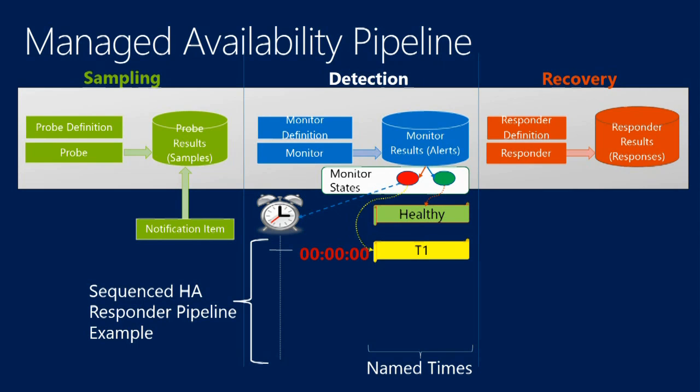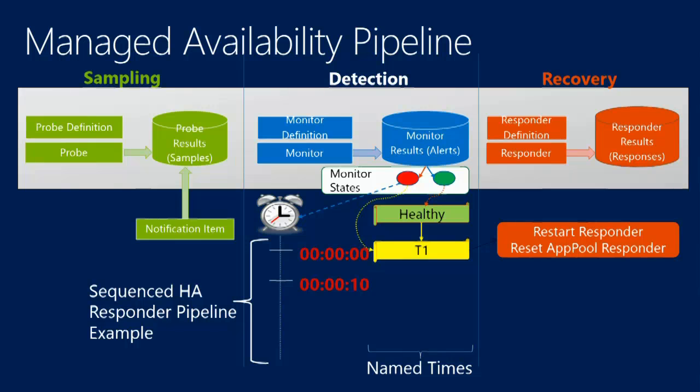So at T1, the responder realizes that it's red, and so it looks at its sequence steps to try to fix it. Maybe it'll try one of those responders, again, restarting the app pool or restarting IIS to try to fix it. If that doesn't fix the problem, in other words, if the monitor state stays at red, 10 seconds later, depending on the pipeline component that we're talking about, it's going to try another activity.